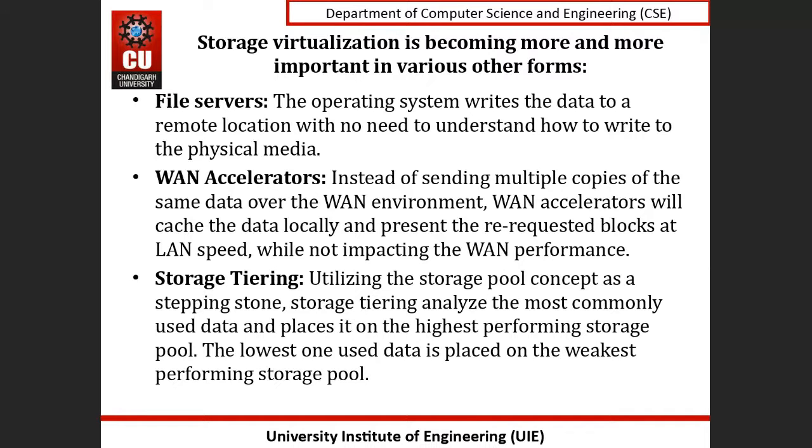The lowest used data is placed on the weakest performing storage pool. So the most used data is placed in the highest performing pool, and the less used data is placed lower. This is how it creates tiers of storage, where the most frequently used data is placed first, then the less used, and so on.